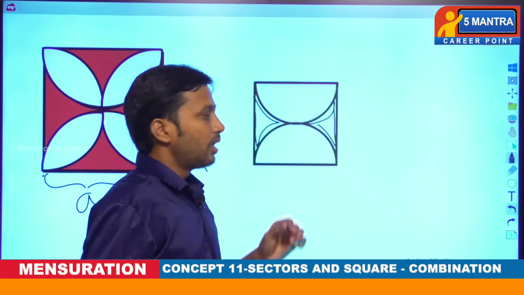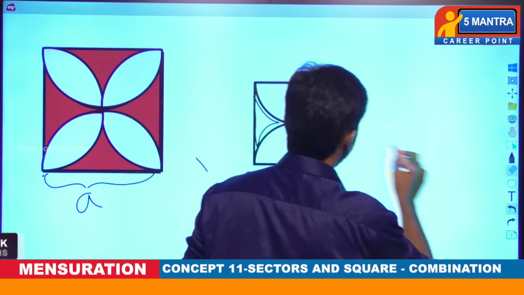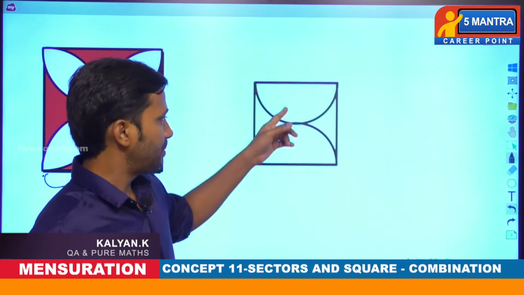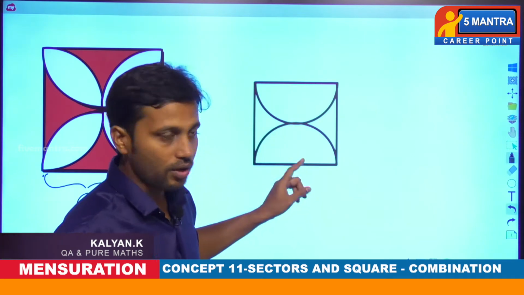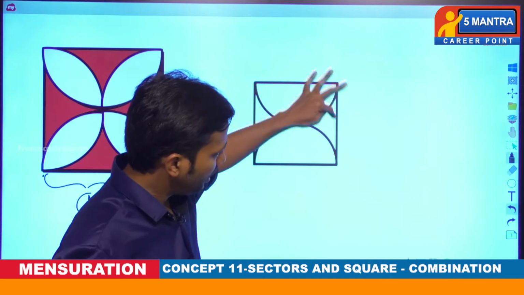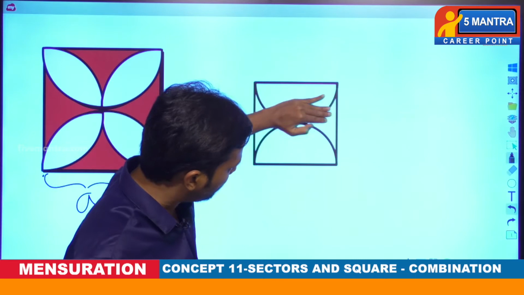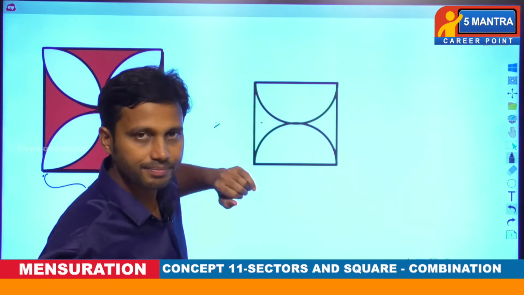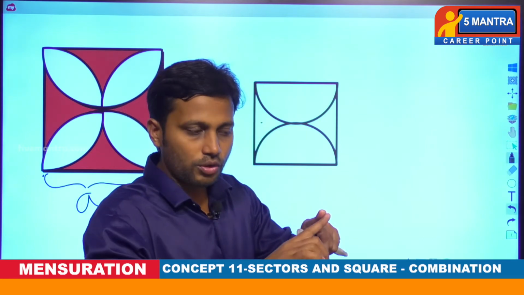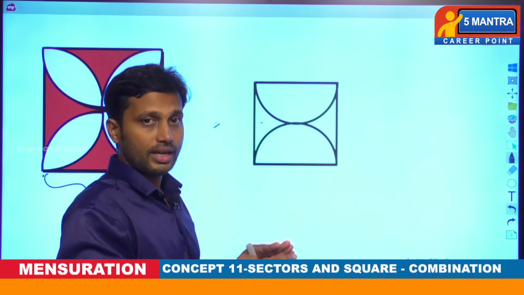Now instead of filling that, what we did is, just see. Now how many semicircles have we introduced? 2 semicircles. Now what is the space left inside? If for an instant you think that you fill only this part and only this part, then the total square will be filled. That will be equivalent to the total square area.